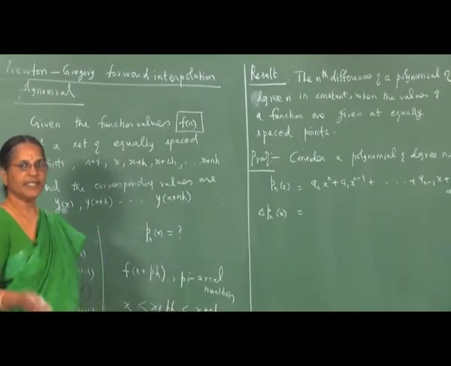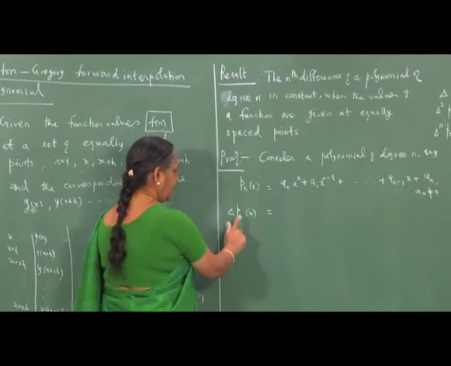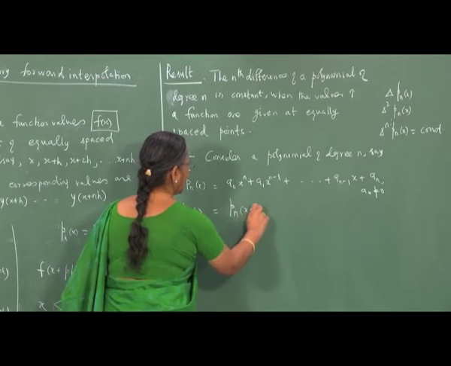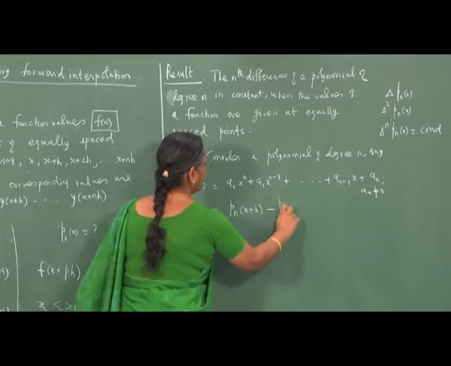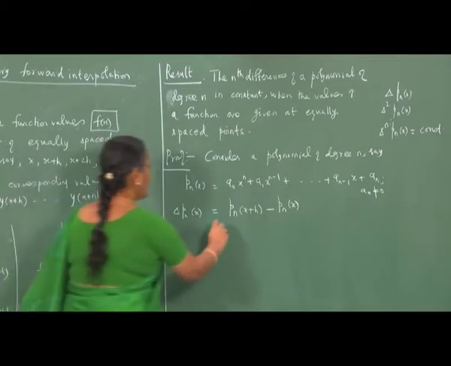What is the definition? Delta, when it operates on p n of x, it produces p n at x plus h minus p n at x. So, that is the definition.